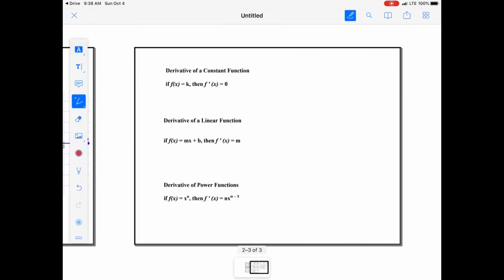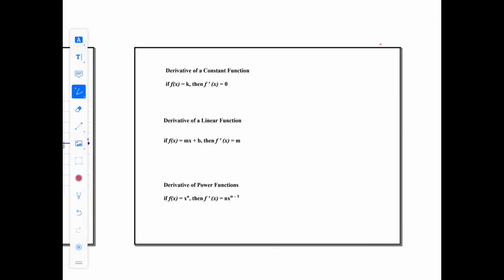So when we start to algebraically calculate these derivatives, here are some very useful derivative rules that we will apply. The first one is knowing and identifying that if we have a constant function, and remember these look like y equals -3, y equals 4, or in that notation f of x equals 6, the rate of change, which is the slope, this is a horizontal line, will always be 0.